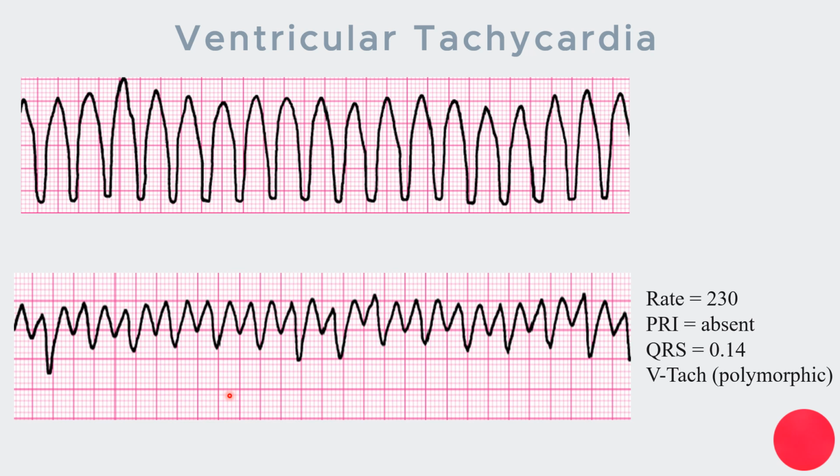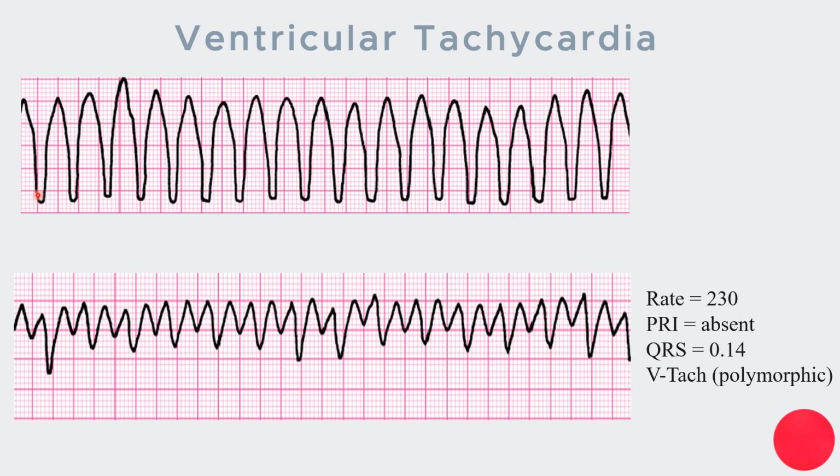This one you could call simply ventricular tachycardia, but to further quantify it, you could call this one polymorphic ventricular tachycardia. And that is because it has multiple morphologies of those QRS complexes. That is how we name it, polymorphic ventricular tachycardia.